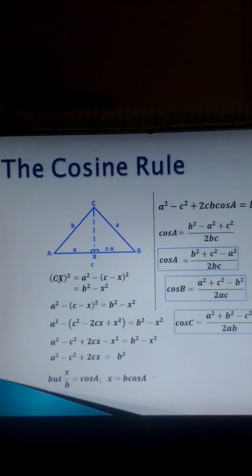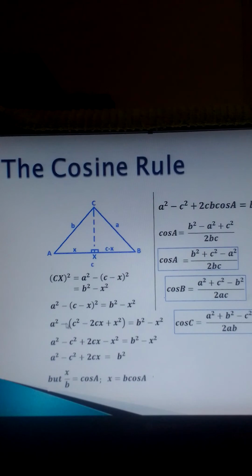So we can evaluate this one here: a squared minus (c minus x) squared is equal to b squared minus x squared. So we can work out what is in the brackets. This one, (c minus x) squared, is equal to c squared minus 2cx plus x squared. We can expand it, and we get b squared minus x squared on the other side.